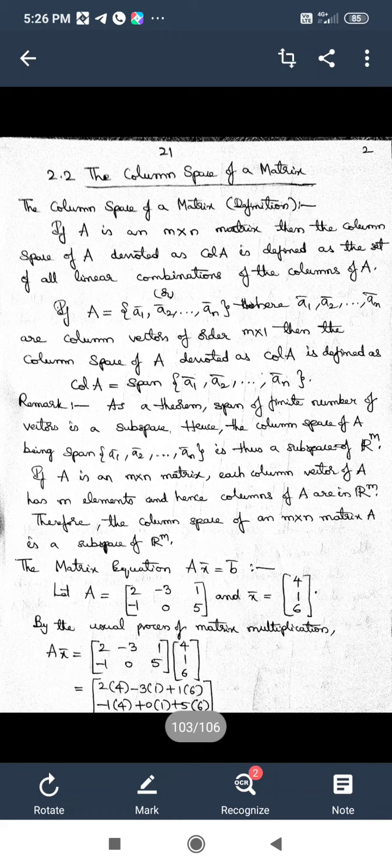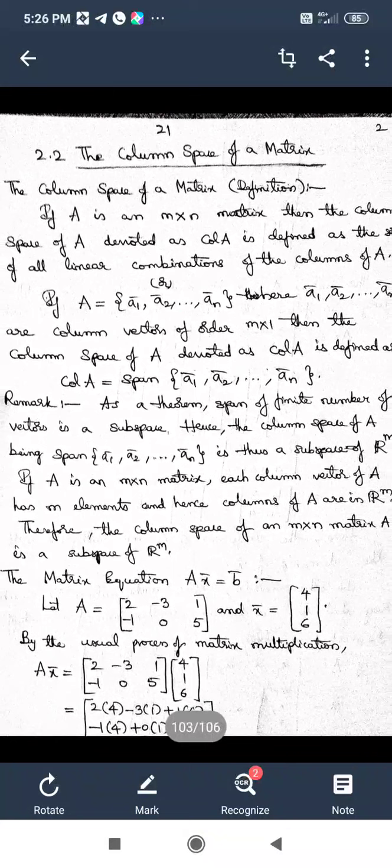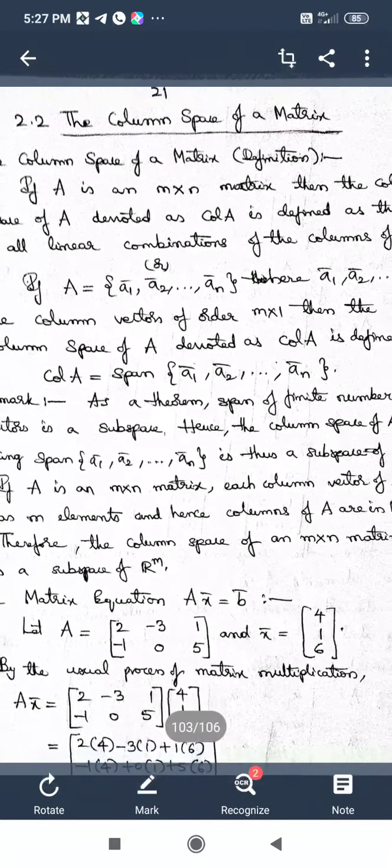Okay, now let us see why we should take the vector space as Rm. Here we have given that capital A is an m by n matrix, and if it is so, then each column vector of A has m elements.